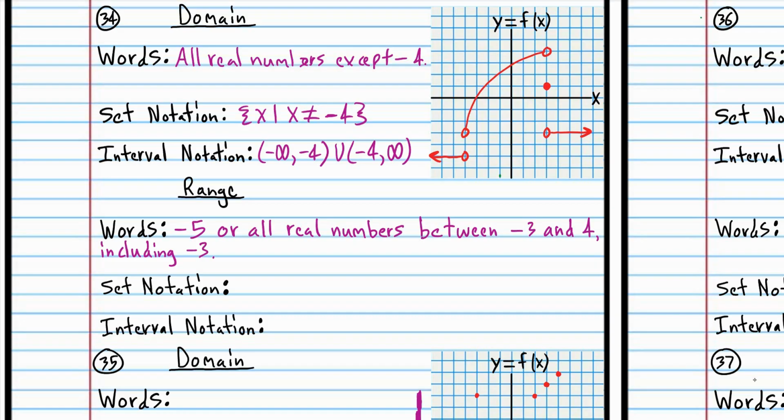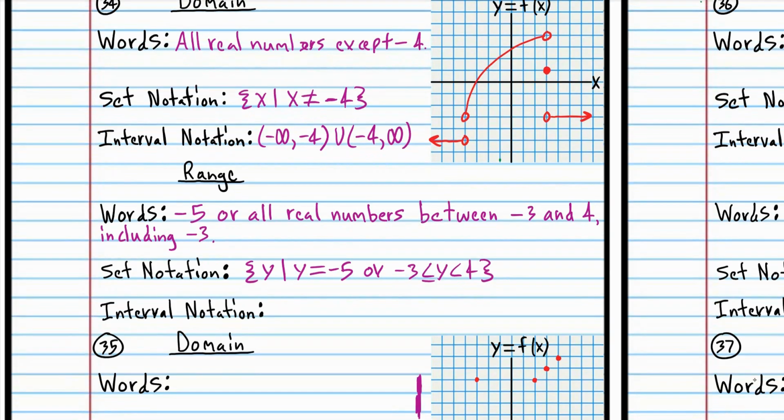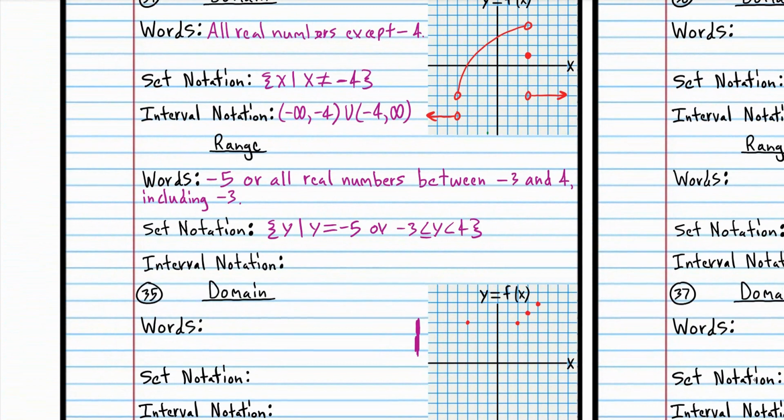So in set notation, we say the range is the set of all y values such that y is equal to -5 or y is between -3 and 4, including -3. So we need a less than or equal to symbol next to -3.